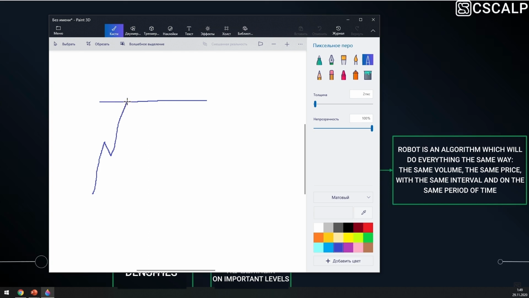Firstly, bouncing, then just making a little flat. And here, the first bounce was made because here is a really big volume density, which is not very easy for buyers to eat. That's why firstly we bounce from it.